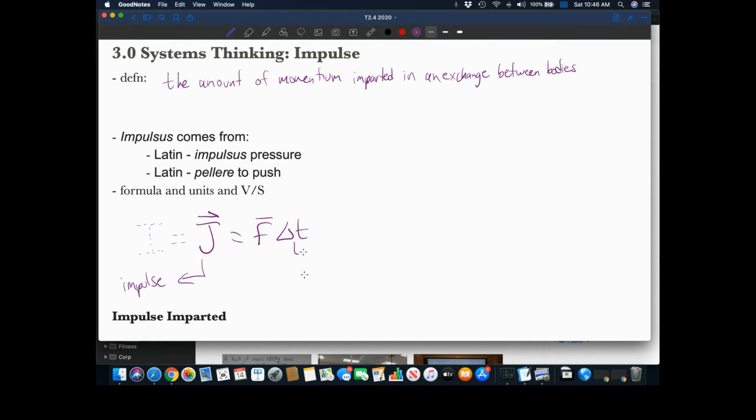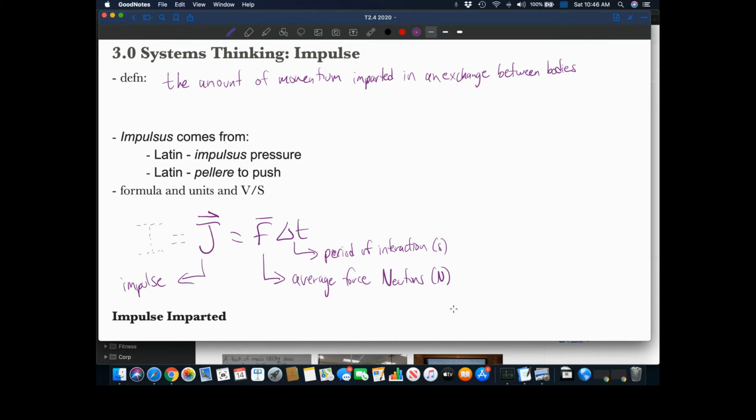We have time, delta t, which is the period of interaction measured in seconds. F bar is the average force measured in newtons, abbreviated as a capital N. So that's the average force in newtons.